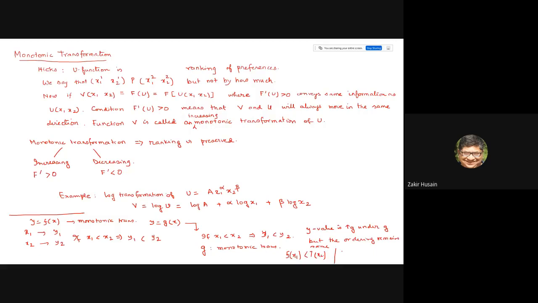When you go to g, for x1 you're getting 10, for x2 you're getting, let us say, 12. See, the ordering remains the same. So this is a positive monotonic transformation. What would a negative monotonic transformation be?